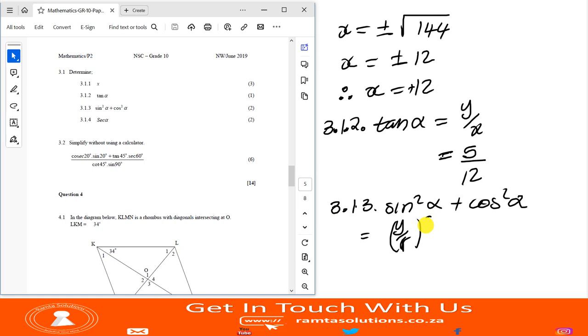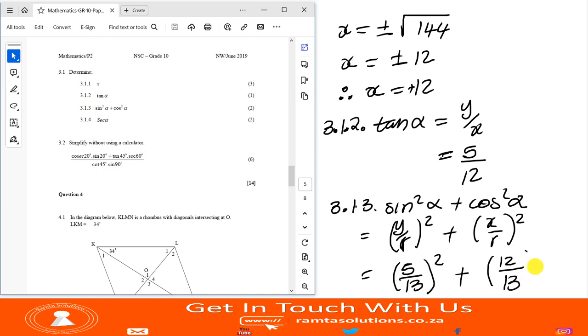The value of y we said was 5. The value of r they gave us is 13, all squared, plus the value of x, which we found to be 12. The value of r was 13, and of course squared. So guys, let me see. Did they say do not use a calculator?